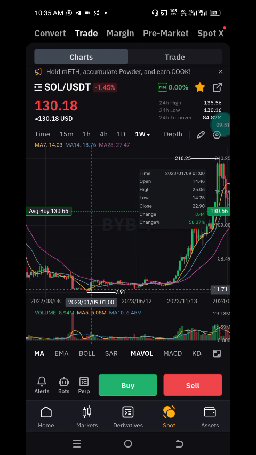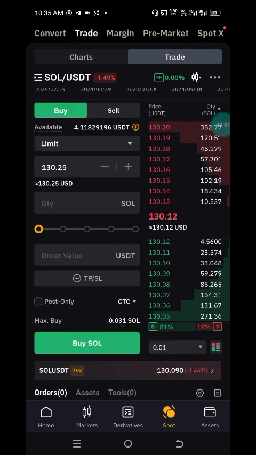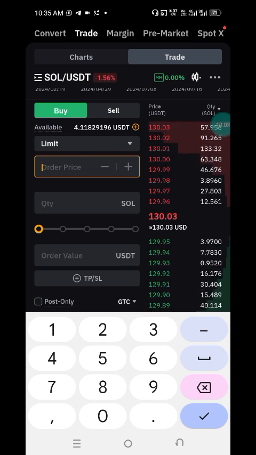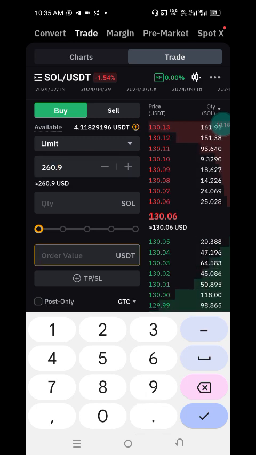That's amazing. So what about calculating the loss? It is very easy. Just do it vice versa. Those people that buy Solana expecting it to go up, they bought it at the rate of 260.9, and they invested their 2,000 US dollars.